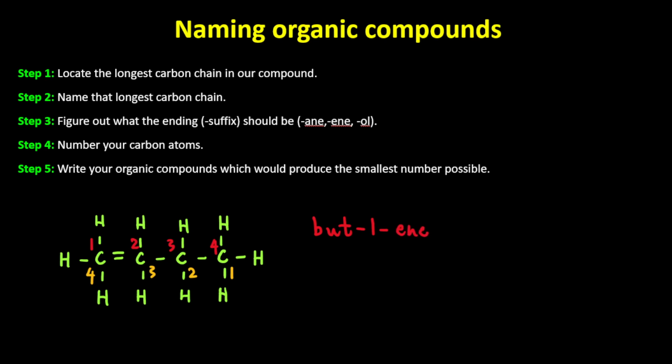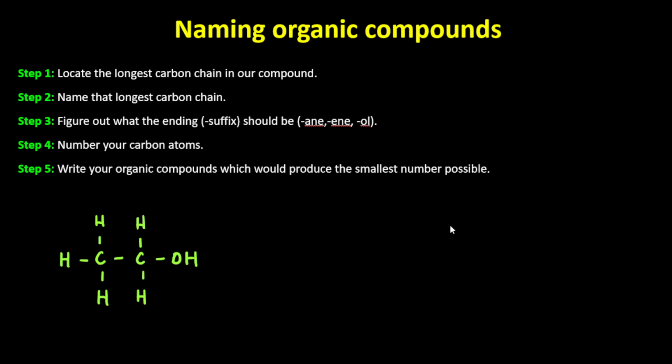If you're picking the yellow counting, it will be but-3-ene. But here, what you're going to do is write the name that produces the smallest number possible, and that is why your answer should be but-1-ene, and it cannot be but-3-ene. So this is the correct one.